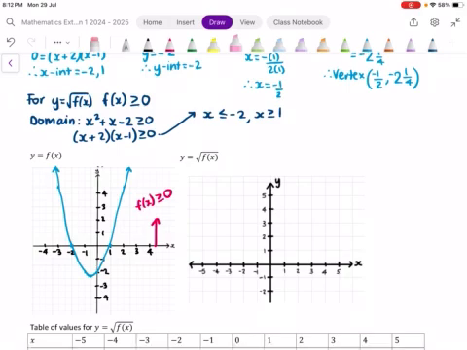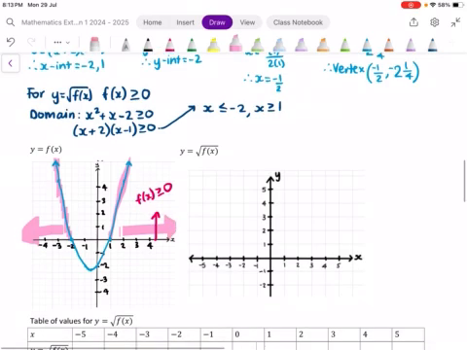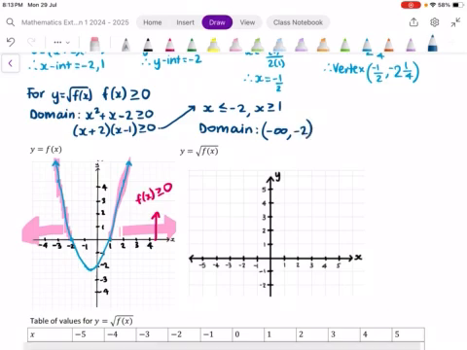That is these values here, when x is less than or equal to -2, going in this direction, and when x is greater than or equal to 1. So our domain will be negative infinity to -2 and 1 to infinity.